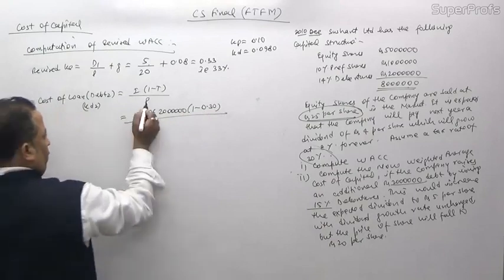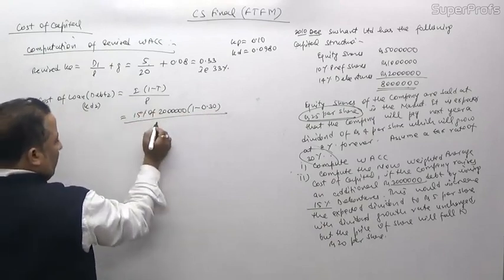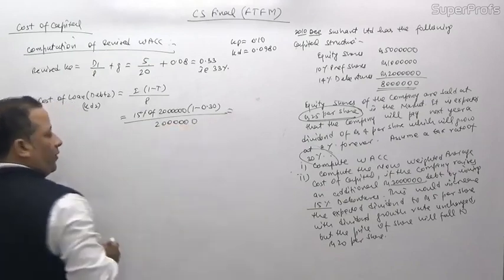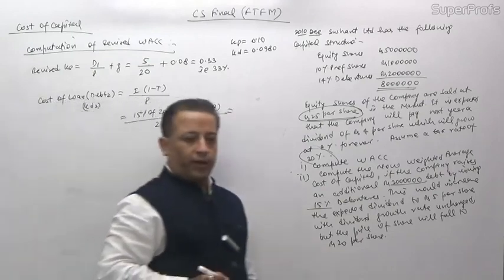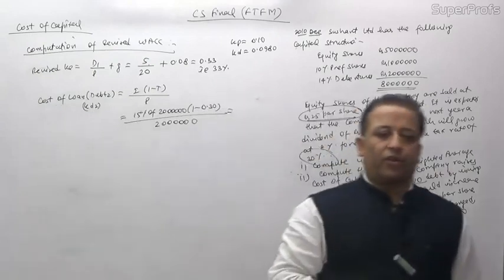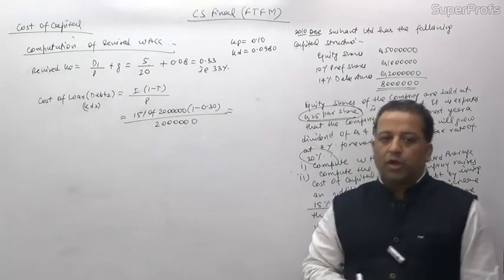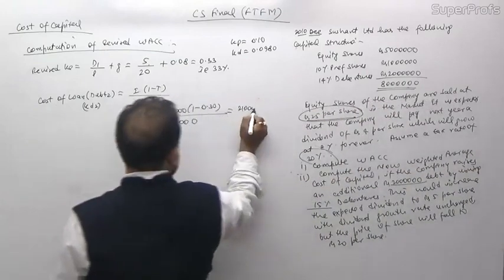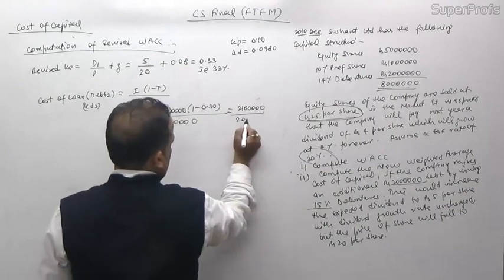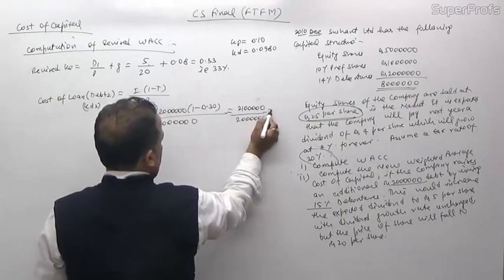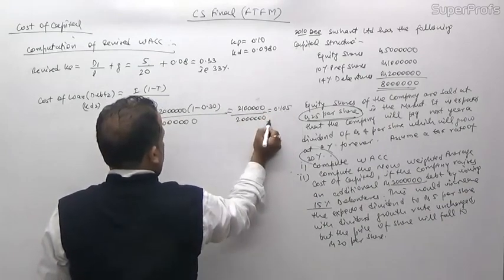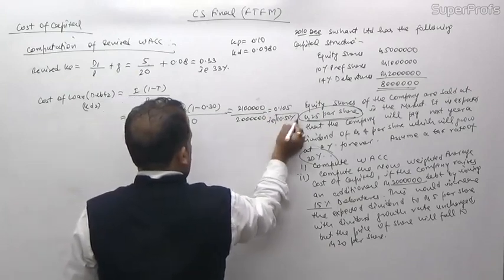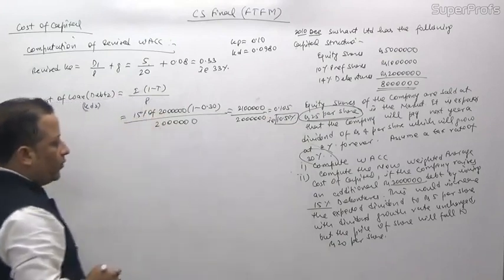P, in case of loan, is basically the amount of loan, 20 lakh rupees. 15% of 20 lakh is 3 lakh rupees, into 0.70, 2 lakh 10,000. 2 lakh 10,000 divided by 20 lakh is 0.105, that is 10.50%.